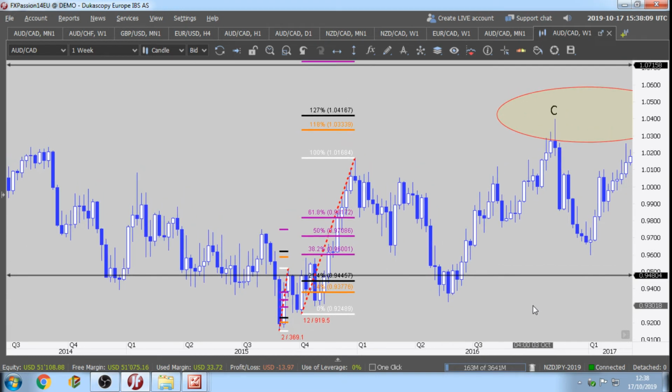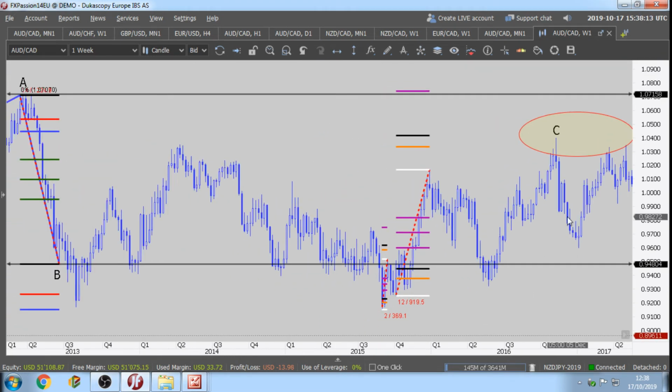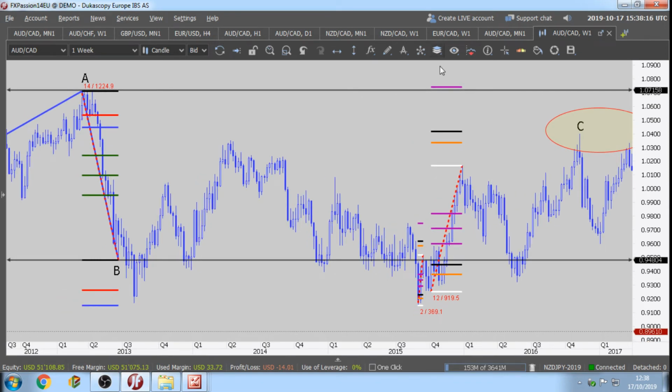Let me see. I'm going to compress the chart, everybody. Now tell me, is our C confirmed? Yes or no? Is our C confirmed? The market didn't hit the appropriate extension on the contrarian Fibonacci. Why not?